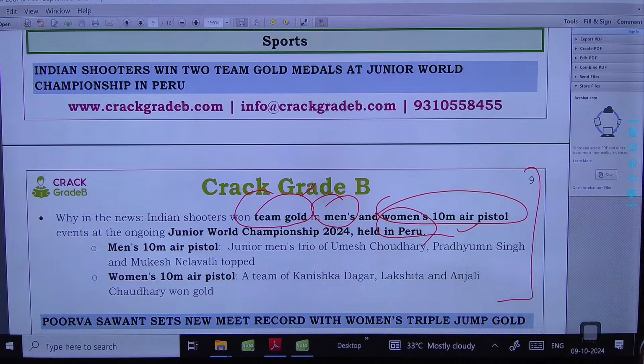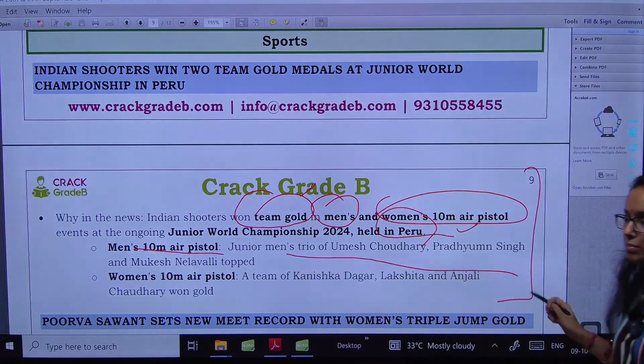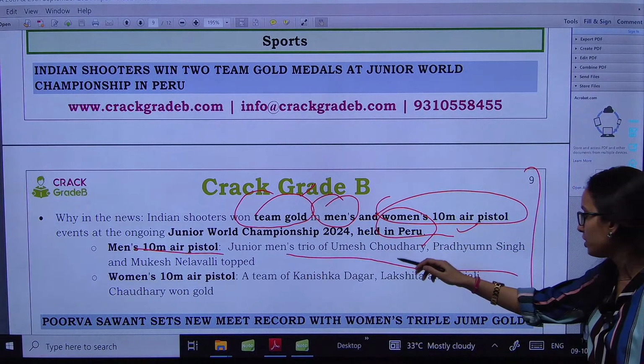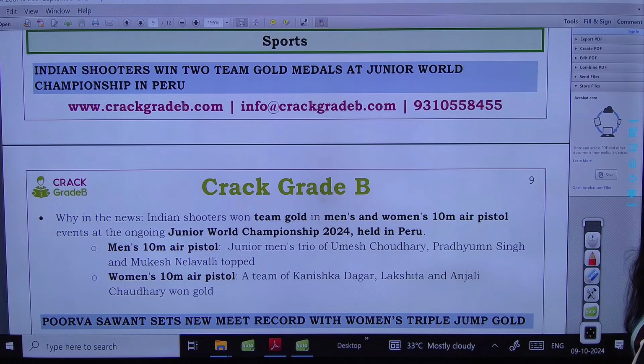Under men's 10-meter air pistol, you have the trio of Umesh Chaudhary, Pradyuman Singh and Mukesh Nelavali. Then under women's 10-meter air pistol, the trio of Kanishka Dagar, Lakshita and Anjali Chaudhary. Both these teams of trios under their respective categories have won gold, and this is important.